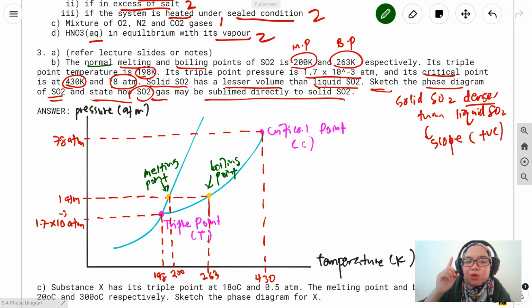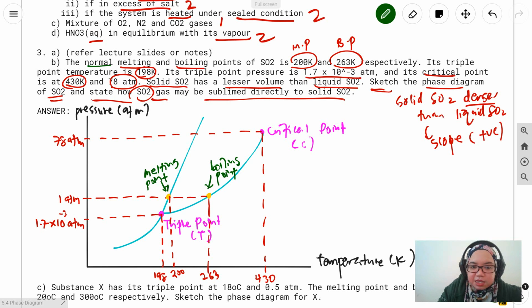Okay, kita ada one more question. Dia kata apa? State how sulfur dioxide gas may be sublimed directly to solid sulfur dioxide. Okay. So, kalau awak tengok, dia boleh sublime kalau dia punya pressure dia less than.